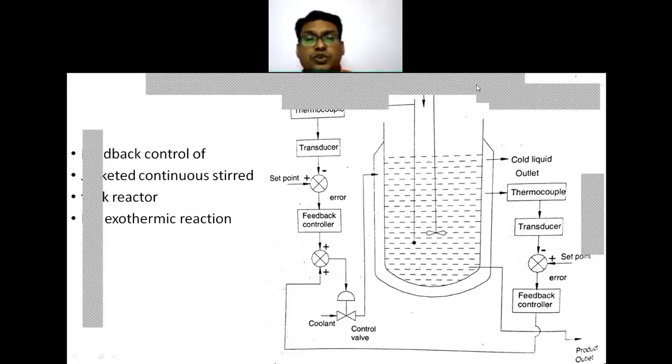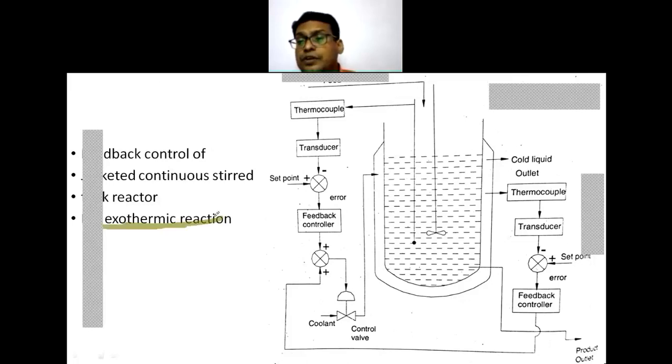In case of an exothermic reaction, the measurement of two temperatures becomes the main concern. One is the temperature measurement of your liquid, which is our desired value. And the second that is also important is the cold water outlet temperature.